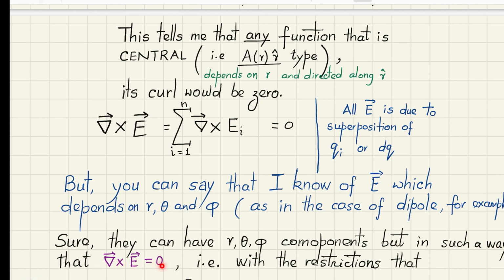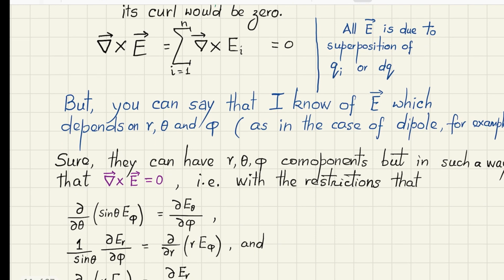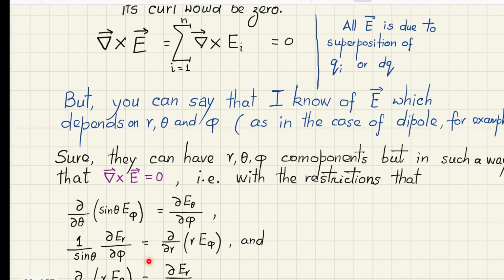You can have many components by arranging things, with the restriction that these three conditions are followed, that is, del by del theta of E phi and so on in such a way. These are just the conditions I have derived from the curl. Each component of the curl must be 0, and hence it puts restrictions on these three conditions.